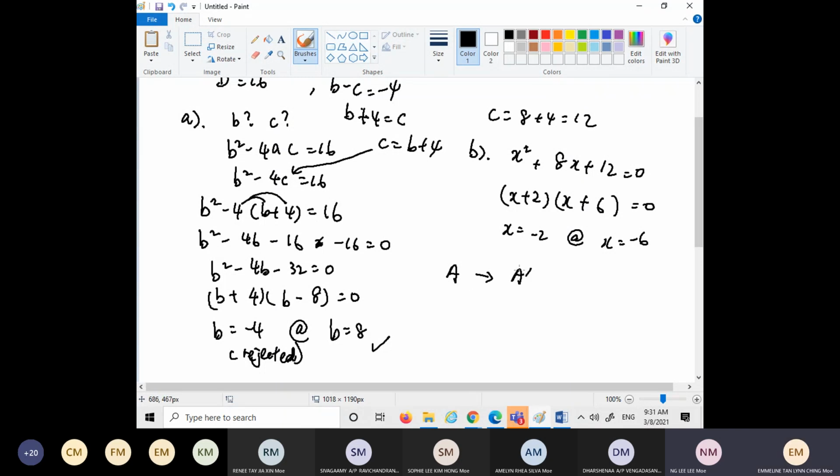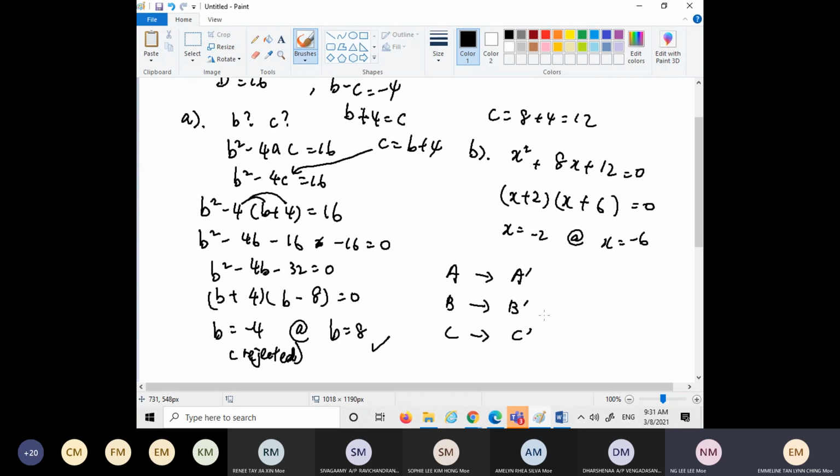Then we call it, A is the corresponding point of A prime. Because for the transformation, you not only have one point, you can have many points. So B is the corresponding point for B prime. C is the corresponding point for C prime. This is how we use the word corresponding.